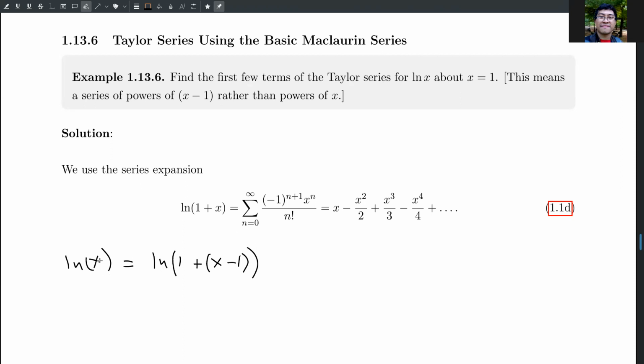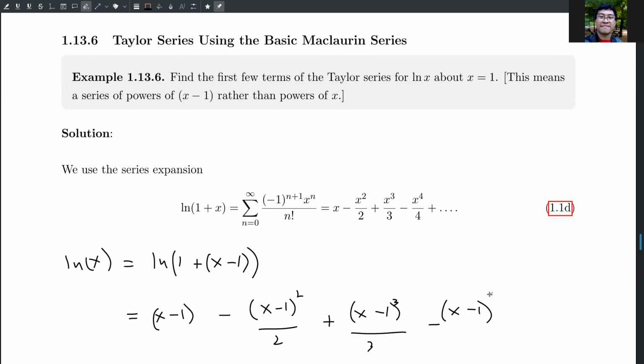So writing it like this, we can just use our series expansion of ln 1 plus x, and we substitute our x here with x minus 1. So that becomes x minus 1 minus x minus 1 squared over 2 plus x minus 1 cubed over 3 minus x minus 1 to the fourth over 4 and so on.